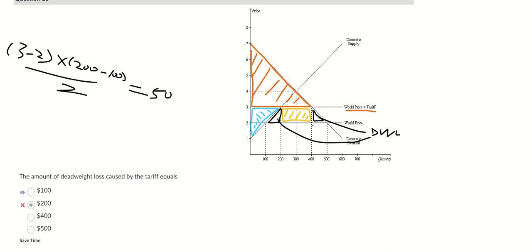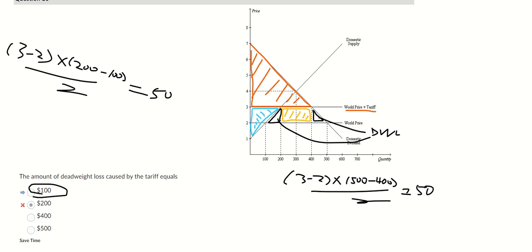That's the triangle on the left. And then the triangle on the right, so that's again 3 minus 2, the vertical difference, times the horizontal difference, which is from 500 to 400, and that equals another 100 divided by 2, so that's another 50. So 50 plus 50, then our total deadweight loss is 100.